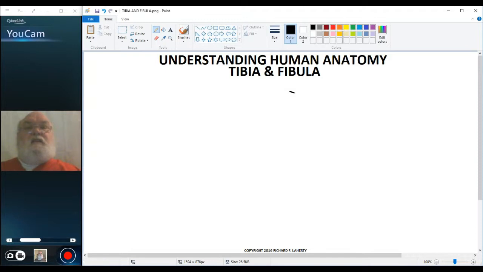So we're going to start with drawing the tibia here. And the tibia has an extension on the medial side.